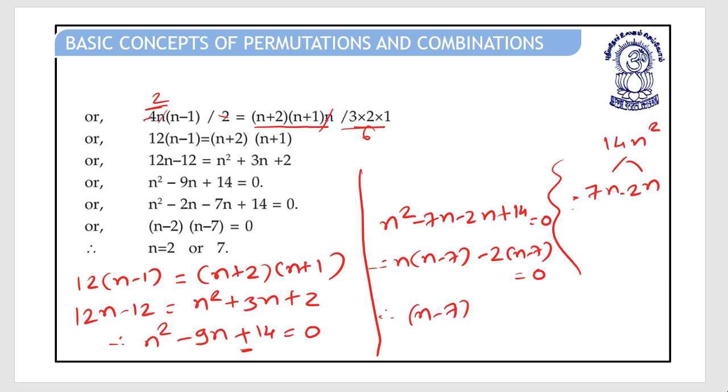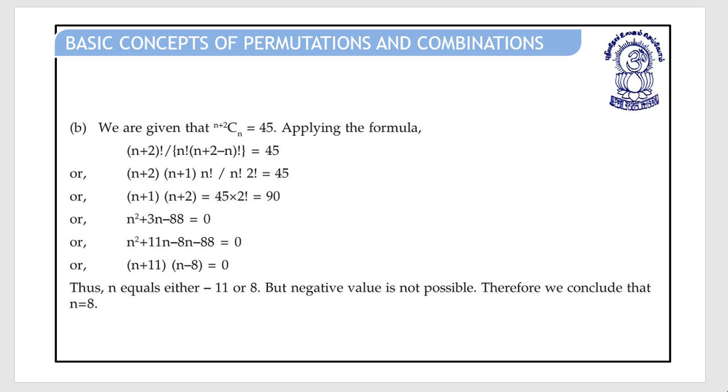So n minus 7 n minus 2 is equal to 0. n is equal to 7 or n is equal to 2. 2 or 7. Okay.